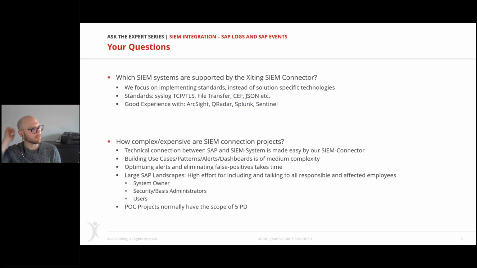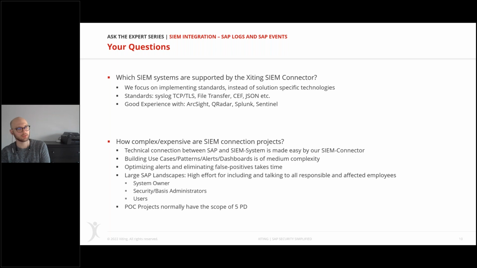Next bunch of questions were also about our SIEM connector: which SIEM systems are supported, because we have seen a lot of different SIEM systems at the customer side. We don't have an exact list of which SIEM systems are currently supported, because we focus on implementing well-defined standards instead of solution-specific technologies.